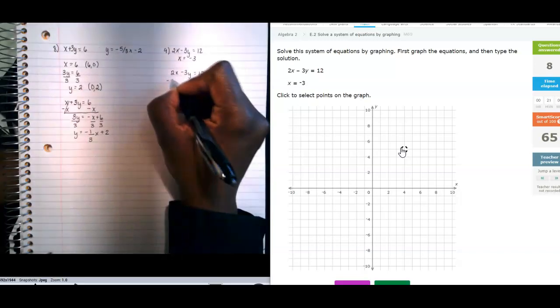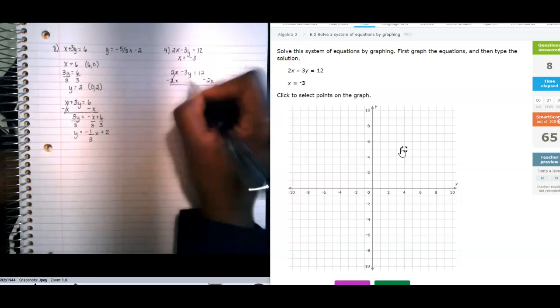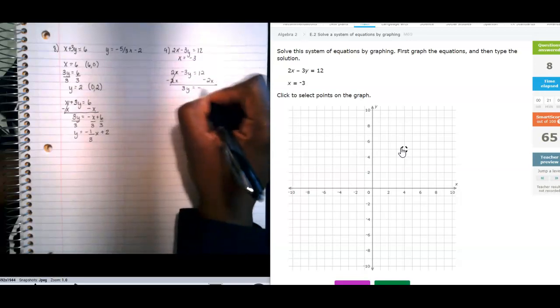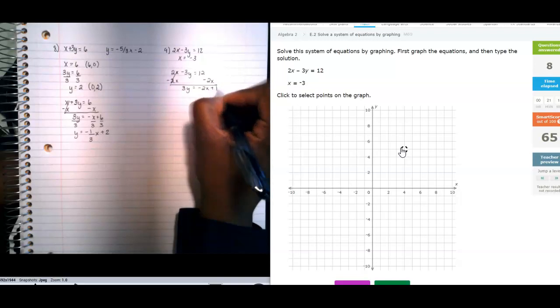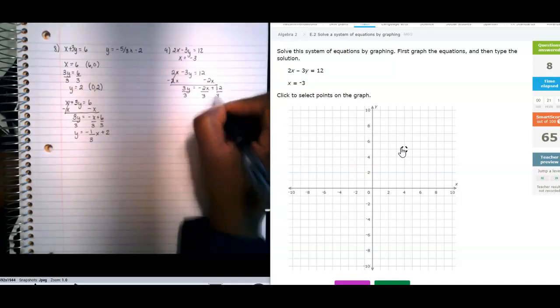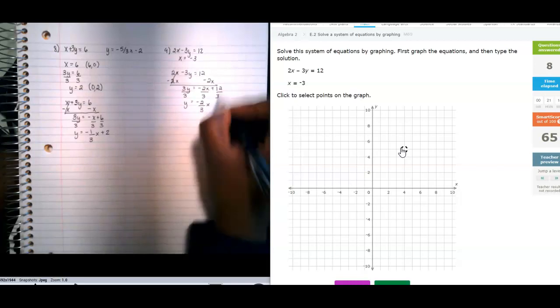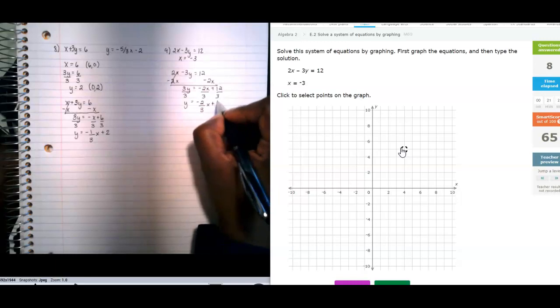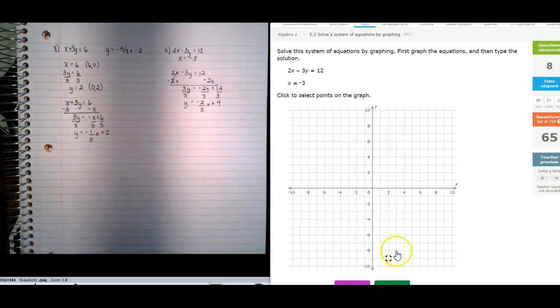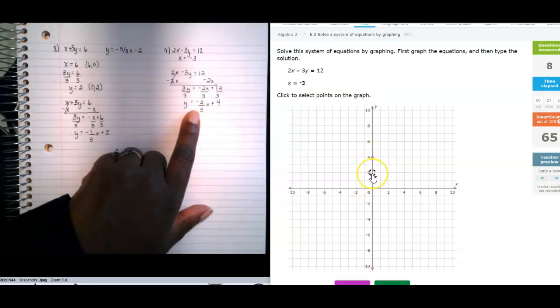I'm going to subtract 2x from both sides of the equation, and I'm left with 3y is equal to negative 2x plus 12. Divide all terms by 3. Y is equal to negative 2/3 x. 12 divided by 3 is positive 4. So my first line, I'm going to start at 4, and I'm going to go down 2 and to the right 3.